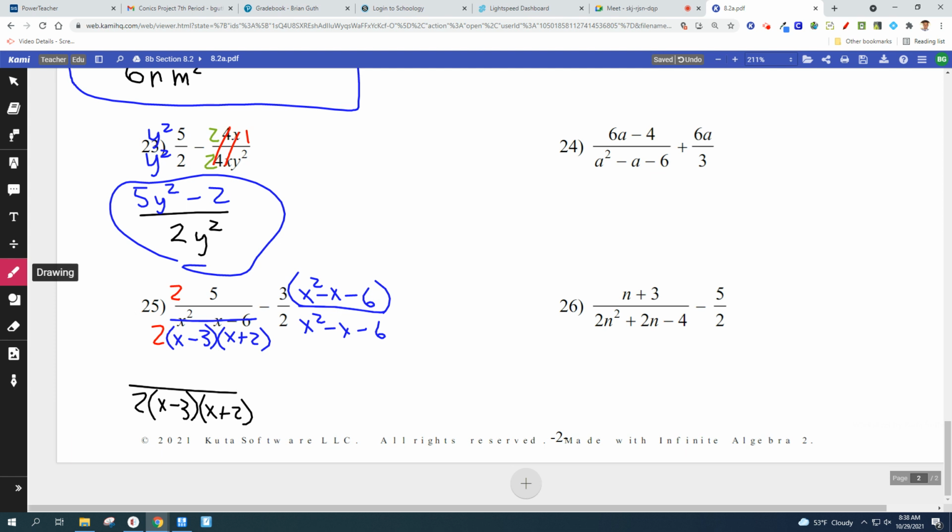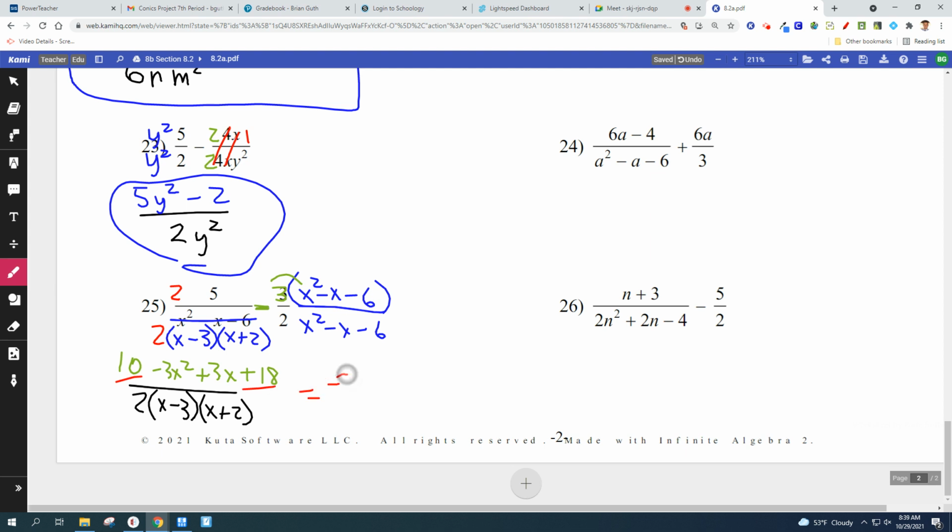Yes, 2 times 5 is 10. And then be careful because you have to distribute a minus 3. It's not distributing a 3. We're distributing minus 3. So minus 3x squared. And minus 3 times minus x is plus 3x. And minus 3 times negative 6 is plus 18. I've got some like terms, I think. 10 and 18 make 28.